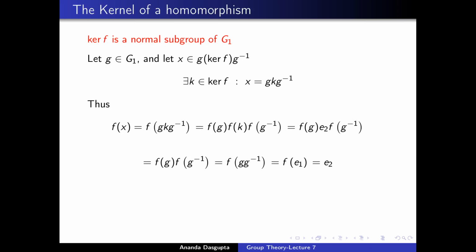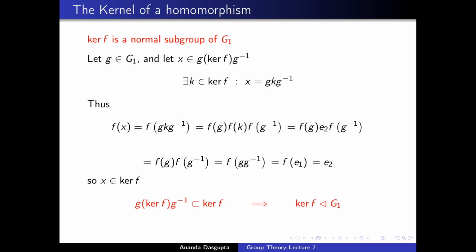So what you have is e2. So x, this element which belongs to g ker F g inverse, maps onto the identity of the second group, so must belong to the kernel of the homomorphism F. In other words, every element of g ker F g inverse is actually in ker F. So g ker F g inverse is a subset of ker F. And that, you recall, is enough to prove that g ker F g inverse is the same as ker F, and hence ker F is a normal subgroup of G1.